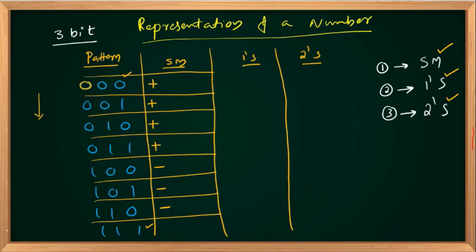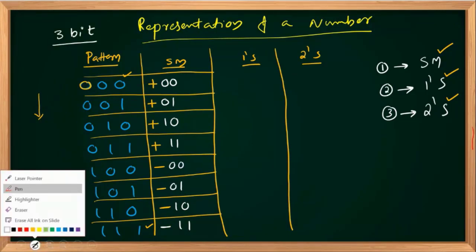As I said, the other 2 digits represent the magnitude. Let us identify the magnitude and sign. The sign we have identified already, so the first group is positive numbers.